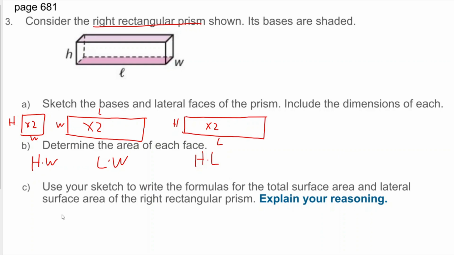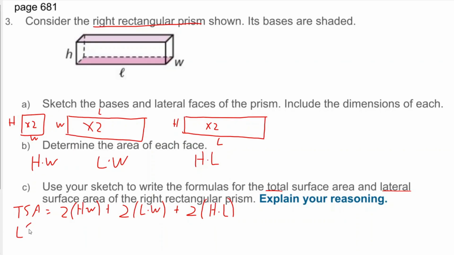And then how do I make the total surface area and the lateral surface area? Well, total surface area is all of these. So it's going to be 2 width times height plus 2 length times width plus 2 height times length.